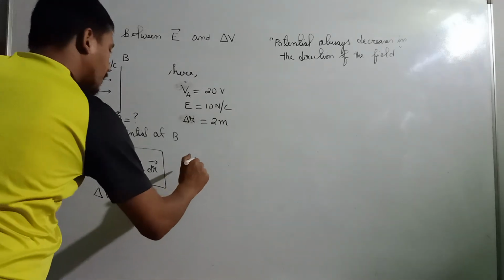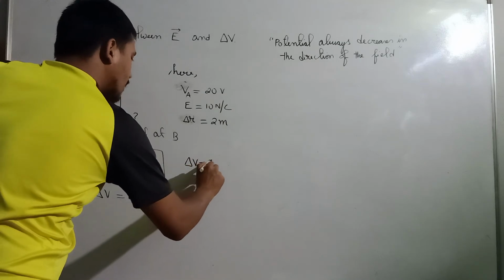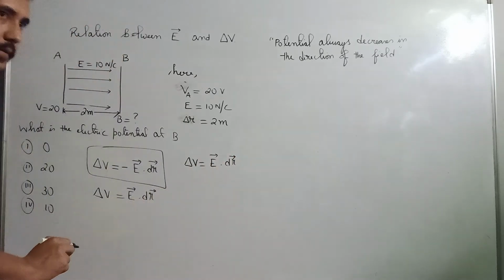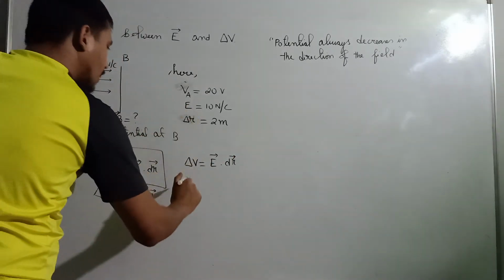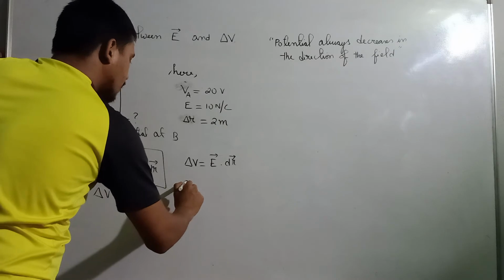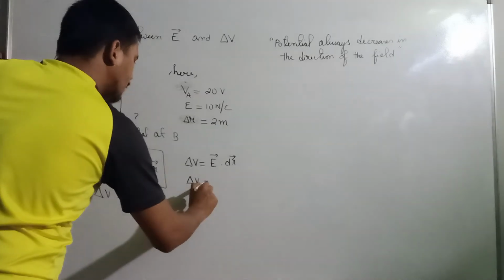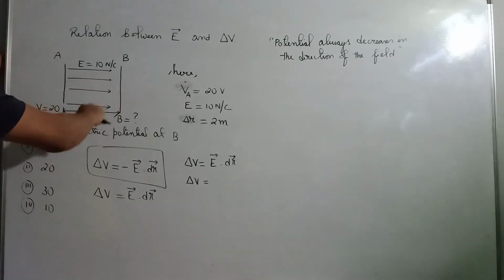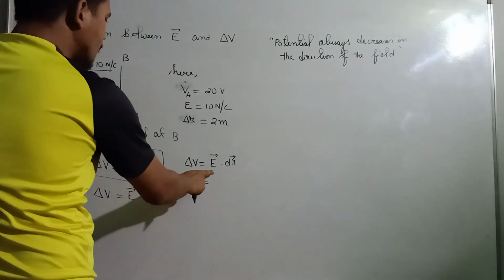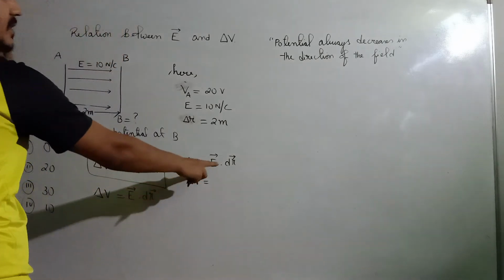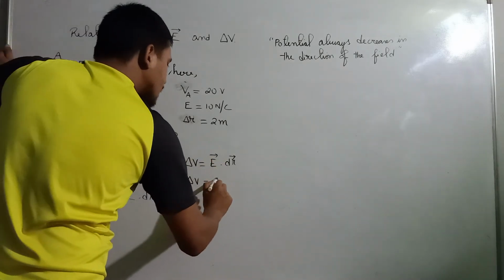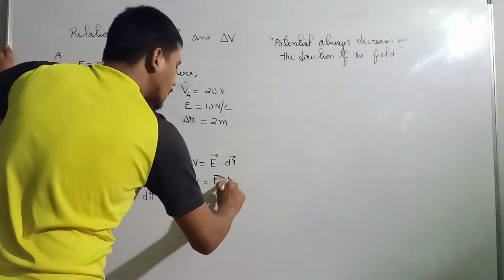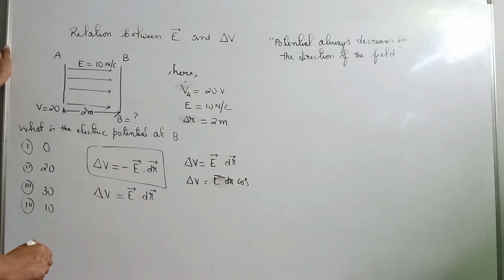Now we know that del V is equal to E dot dr, right? Del V means difference in the potential. So the difference in the potential, del V, is E dot dr. Before that, E dot dr means E dr cos of the angle between them.